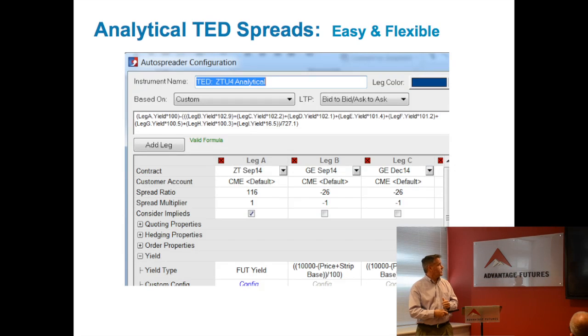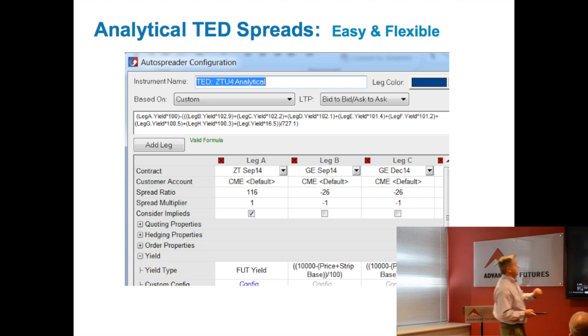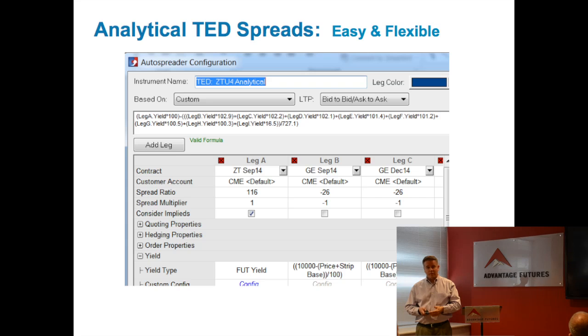The setup for that, you come in here, you pick the futures yield for the futures, you turn the Eurodollars into 100 minus basically, that's what this does. And you put in the stair-step ratio up here, and you're done. 3 steps, and you're done. No real programming.